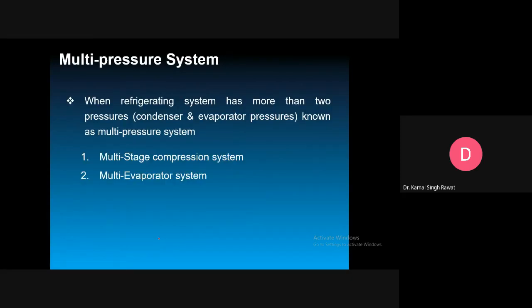And if we discuss the multi-pressure system, we have three different types. First one is multi-stage compression. Second one is multi-evaporator system. And third one is cascade system.